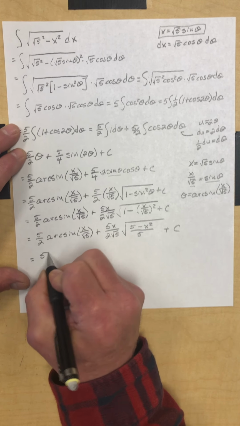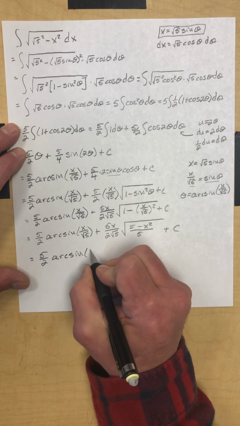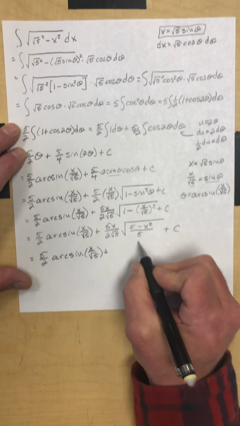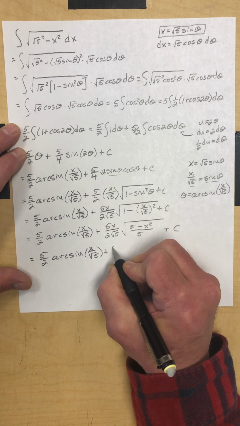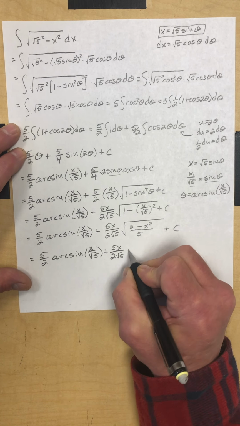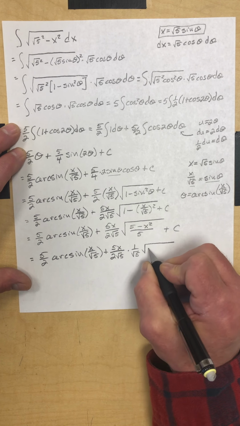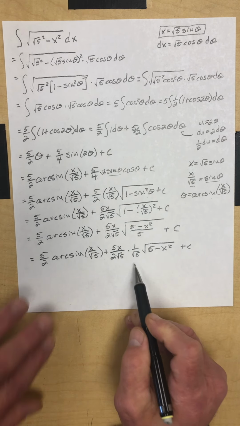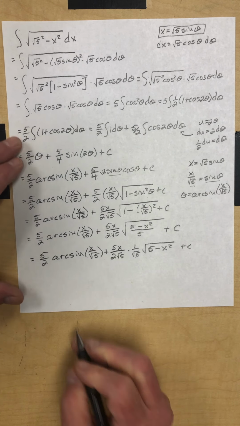Notice I can take this denominator, which is radical 5, and pull it out. So I'd have 5x over 2 radical 5 times 1 over radical 5 times the square root of 5 minus x squared plus c. And notice that this radical 5 times that radical 5 is 5, and therefore they cancel with the 5 up above.